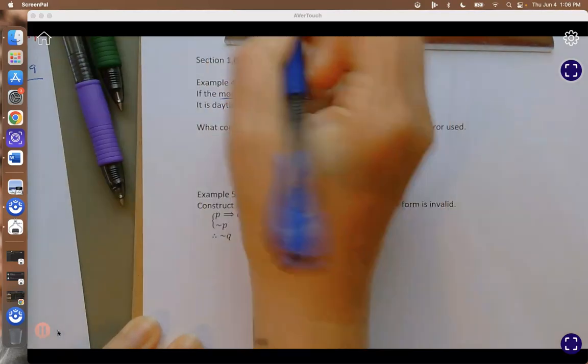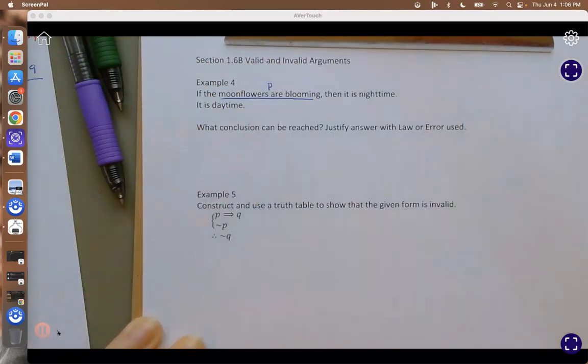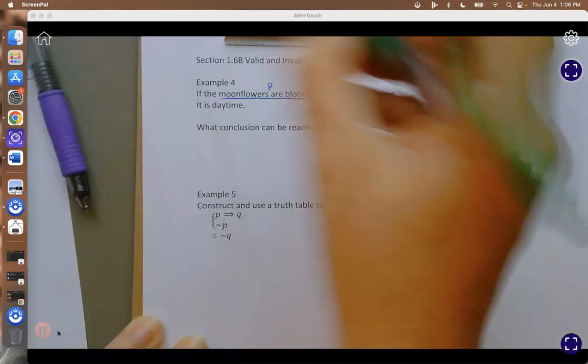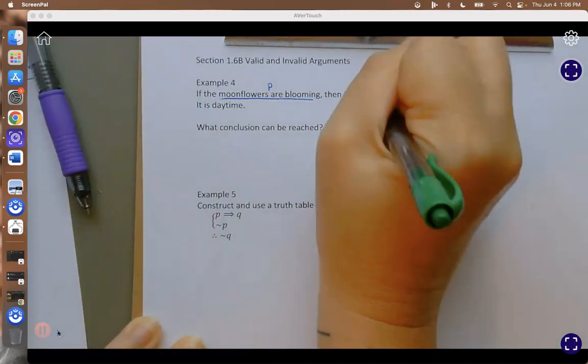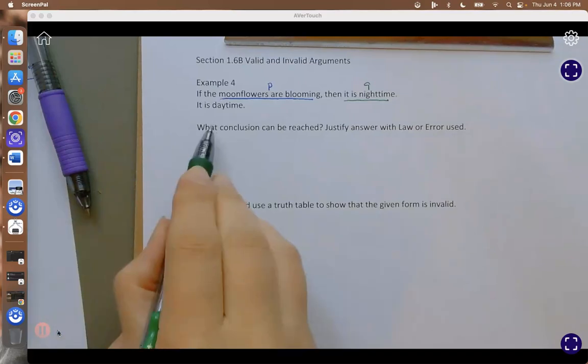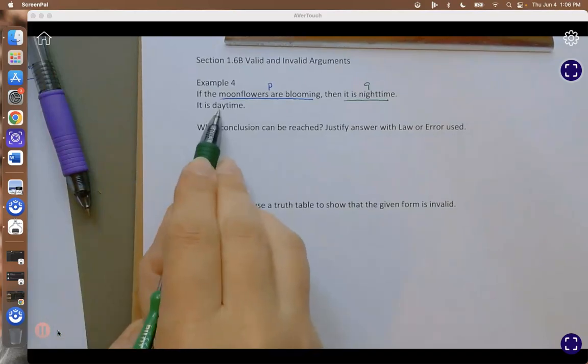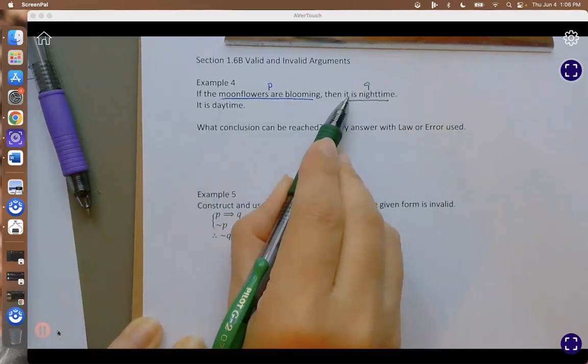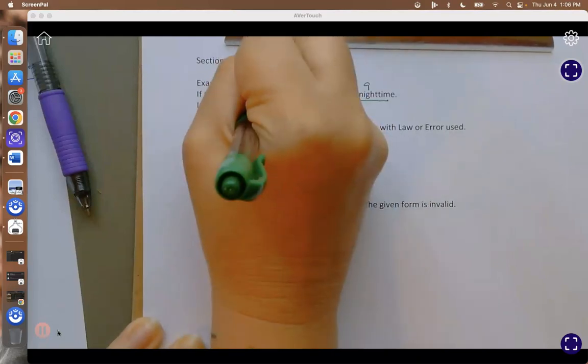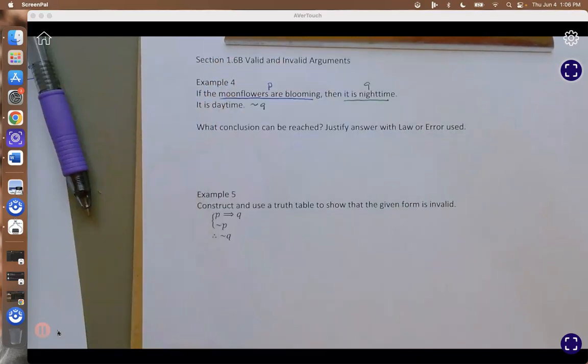Moonflowers are blooming. If the moonflowers are blooming is P, then it is nighttime, Q. It says here, it is daytime. That's the opposite of nighttime, so that means that this is not Q. Okay, so if we want to finish this, what conclusion can be reached?